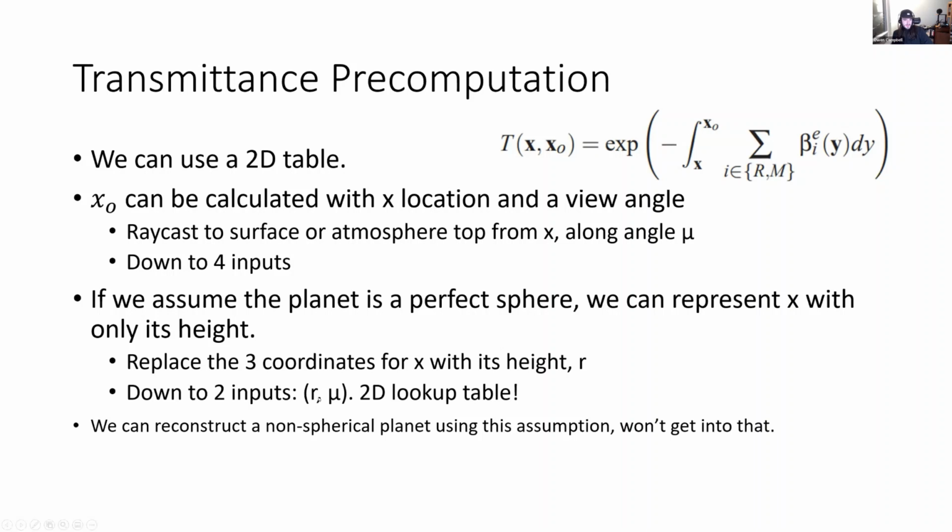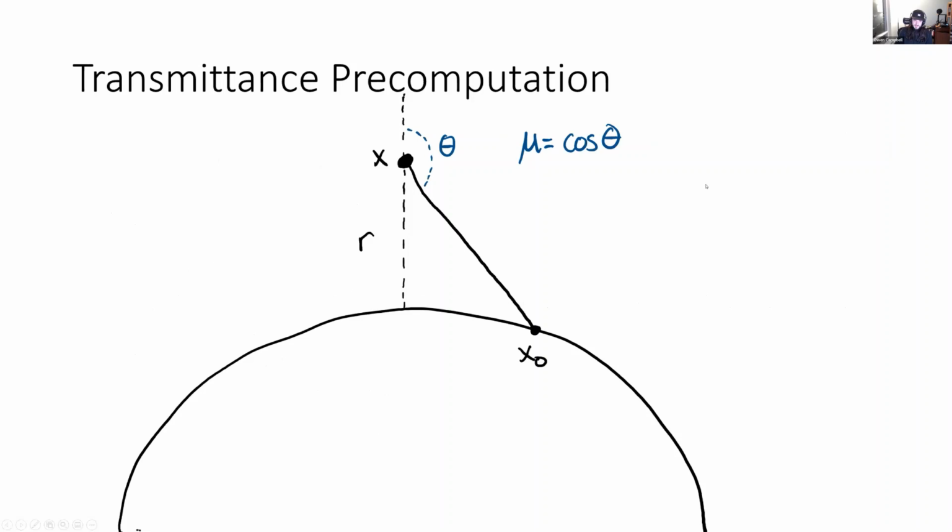They call your height R, I guess for radius, and your view angle is mu. And this is, again, the cosine of your view angle. We basically almost never use the angles directly; it's the cosine of it. So here's a demonstration of that.